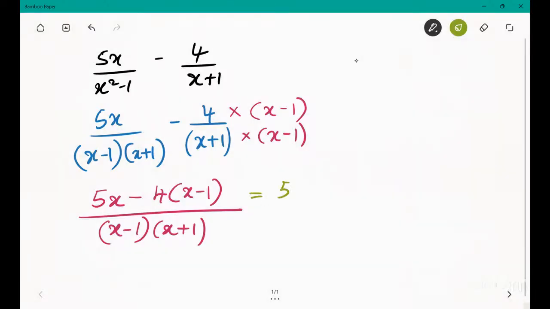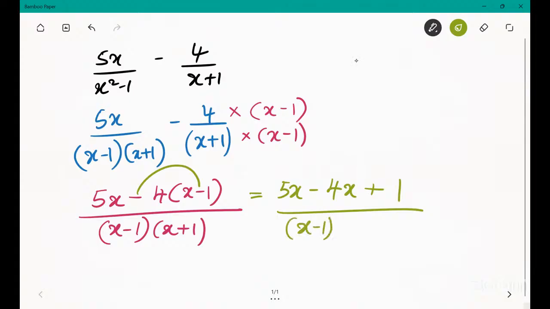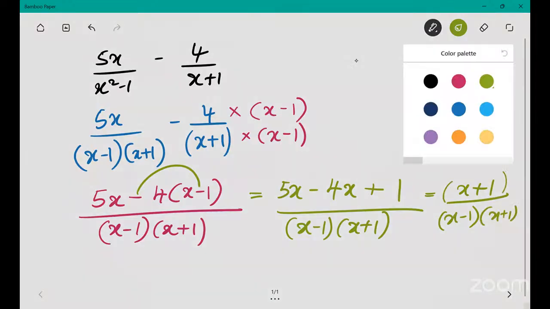I will get 5x minus 4 into x is 4x, minus 4 into minus 1, minus and minus, so it becomes plus 4. Then when you simplify, you are going to get 5x minus 4x is x, plus 4, over x minus 1, x plus 1.